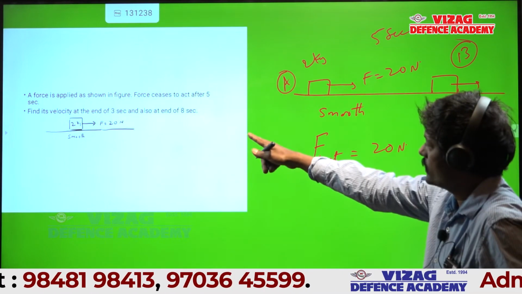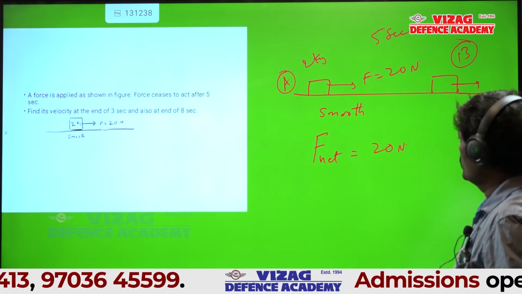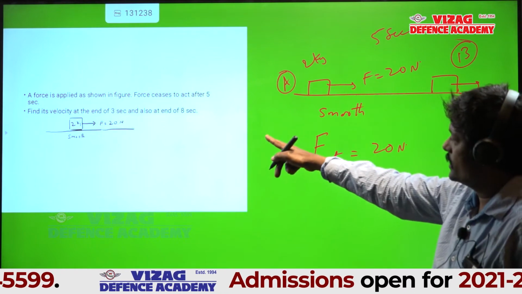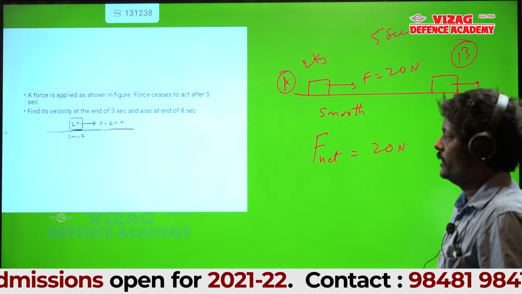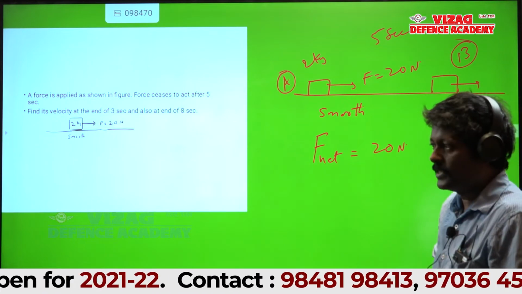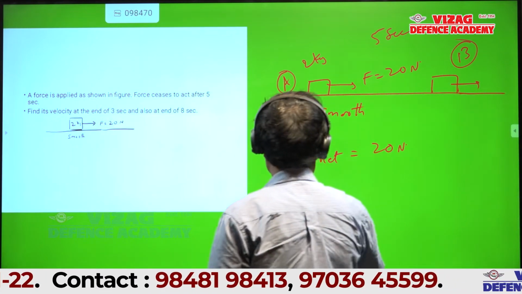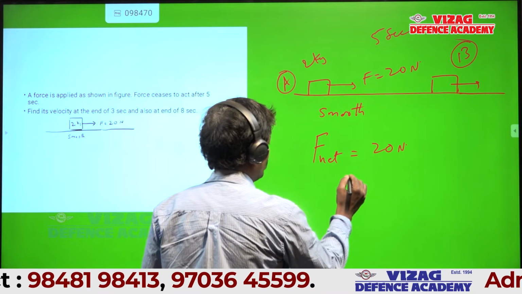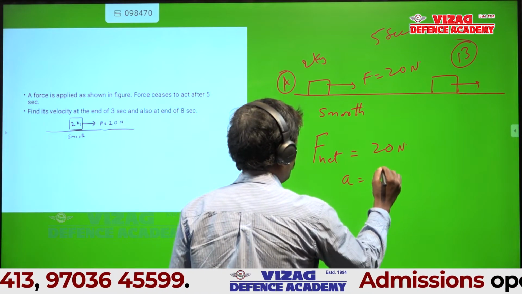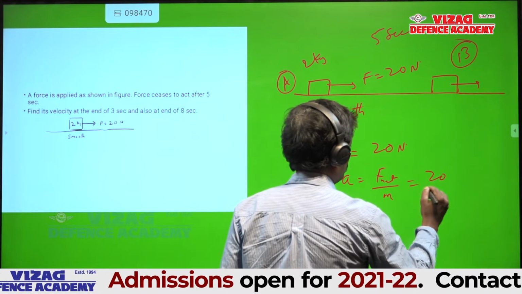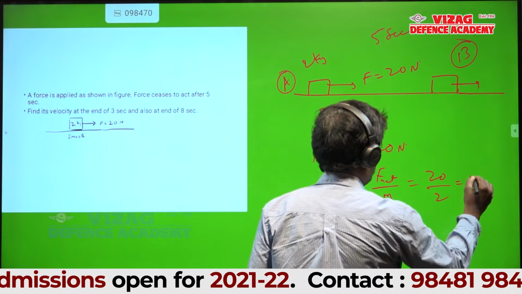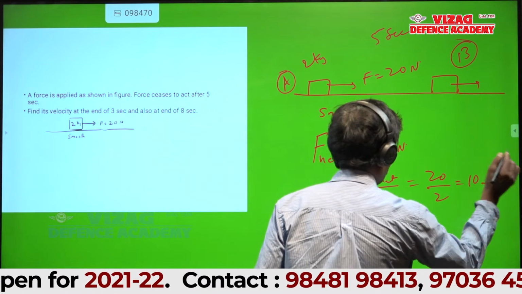So what is the velocity at the end of 3 seconds? Is there force acting up to 3 seconds? Students, tell me. Yes, sir. That means it is accelerating. First let me calculate the acceleration. F net by m: F net is 20, m is 2, so that is 10 meter per second square.